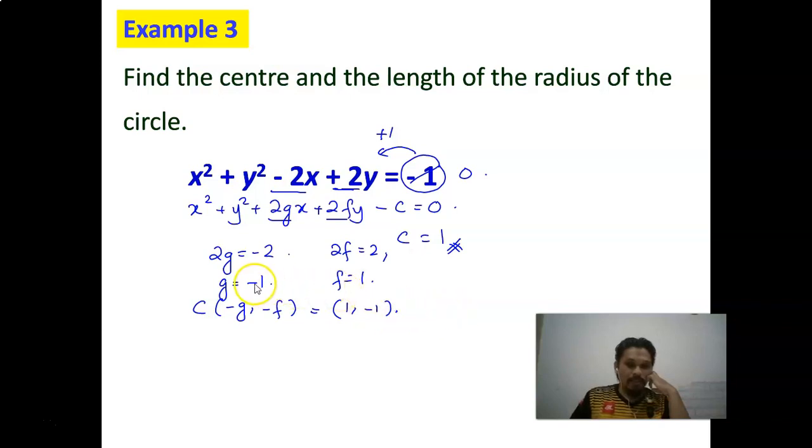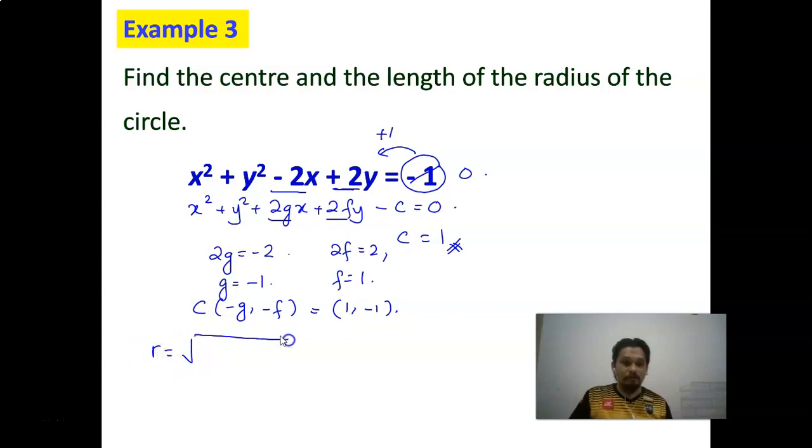Okay, the center using negative g and negative f is 1 and negative 1. Look at this one here now. g is negative 1, so the center is negative g, so negative times negative equals positive 1. And f is 1, but for the center we use negative f, so it becomes negative 1 here. And c remains. Then what about the radius?